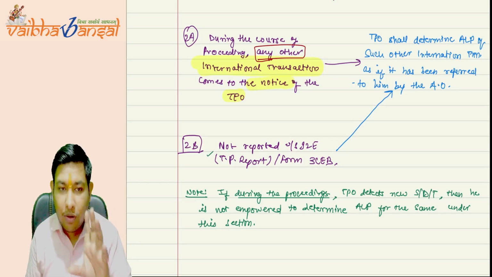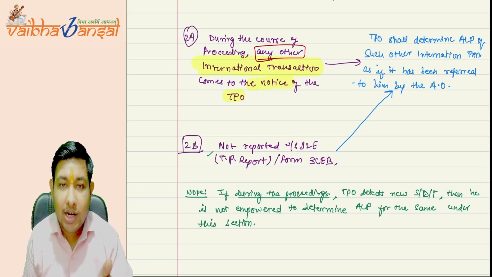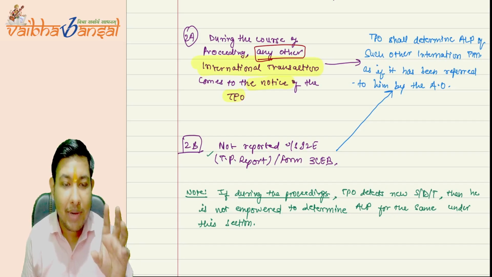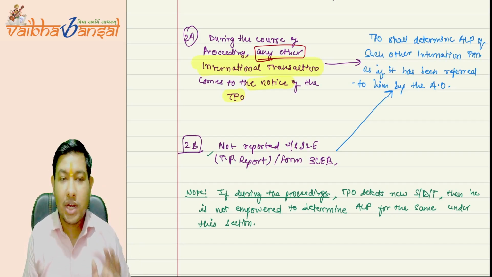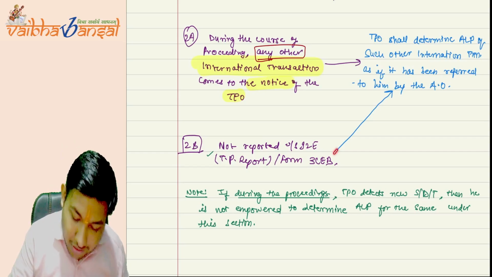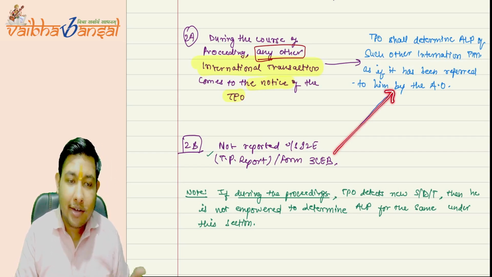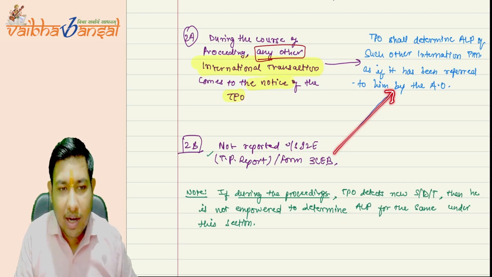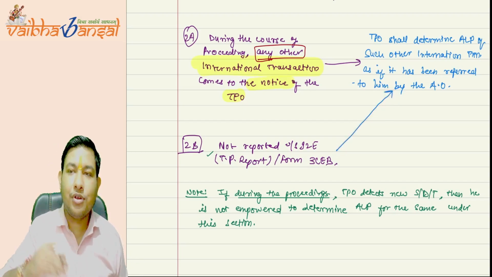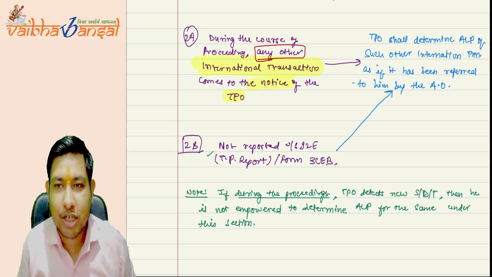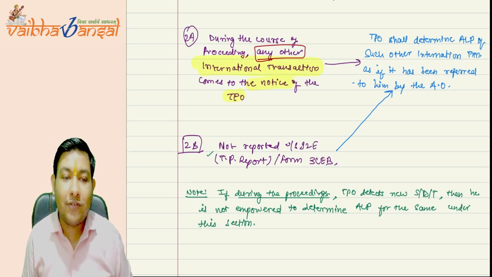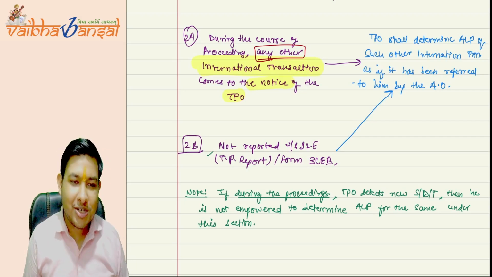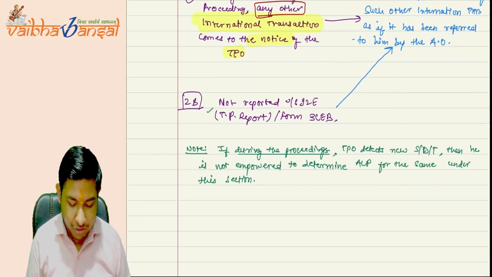If that form is not furnished, or something is missed, and some international transaction is not shown under this form, and that transaction comes to the notice of the TPO, then the TPO shall determine the ALP of such other international transaction as if it had been referred to him by the AO. Is this point clear? I hope it is very much clear to you all.